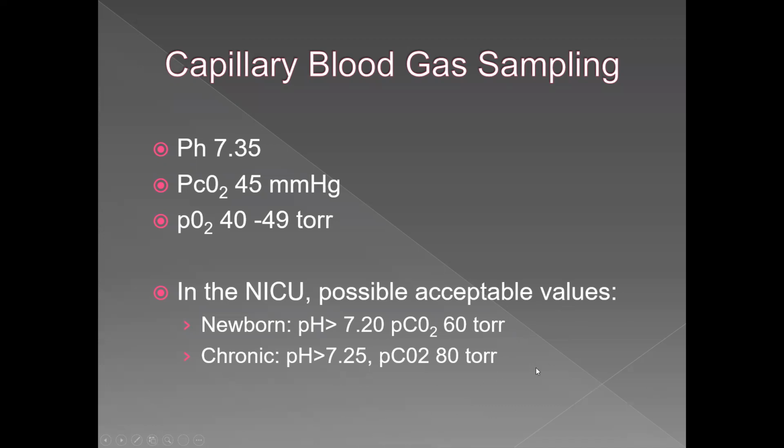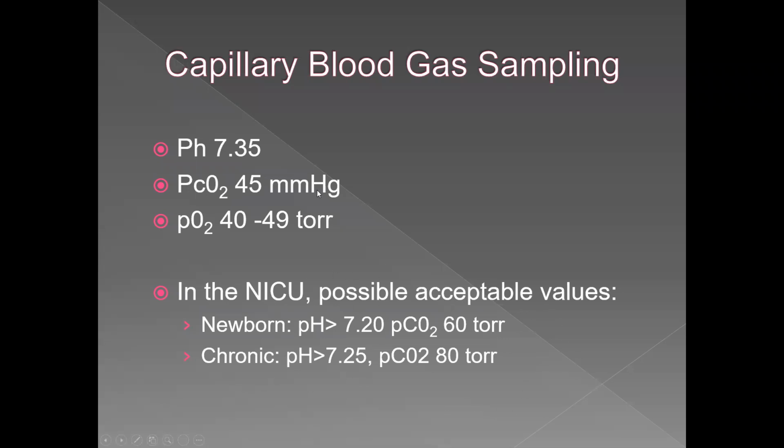Babies that are chronic, so they've got BPD, will tolerate a pH of 7.25 and a CO2 of 80, rather than trying to ventilate them more to get those values down to normal.